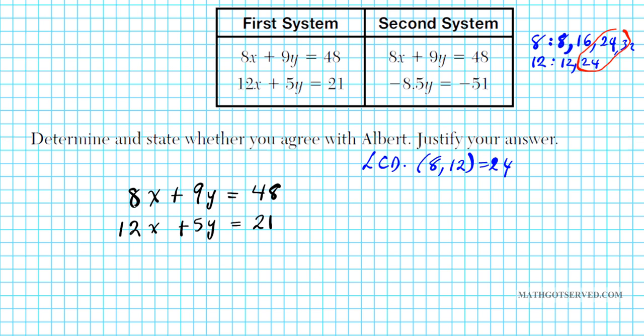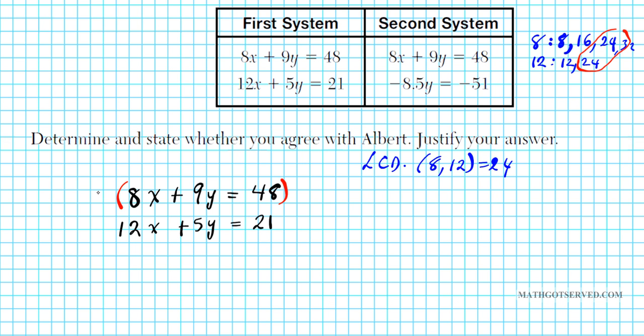I want the coefficient of x in the first equation to be 24, and the coefficient of x in the second equation to be the opposite of 24, which is what? Negative 24. Okay, so equation 1, I will multiply it by, what do I multiply it by? Multiply it by a number that causes 8 to become 24.